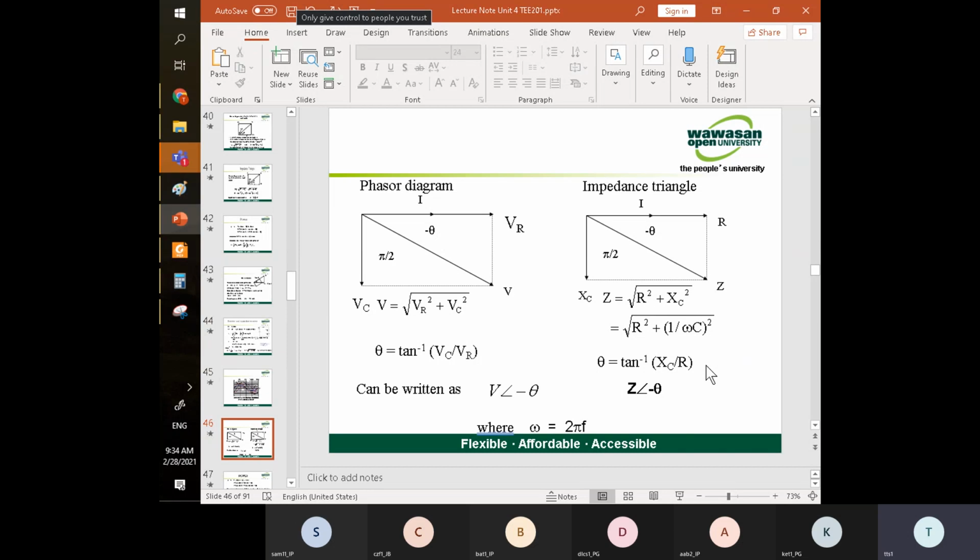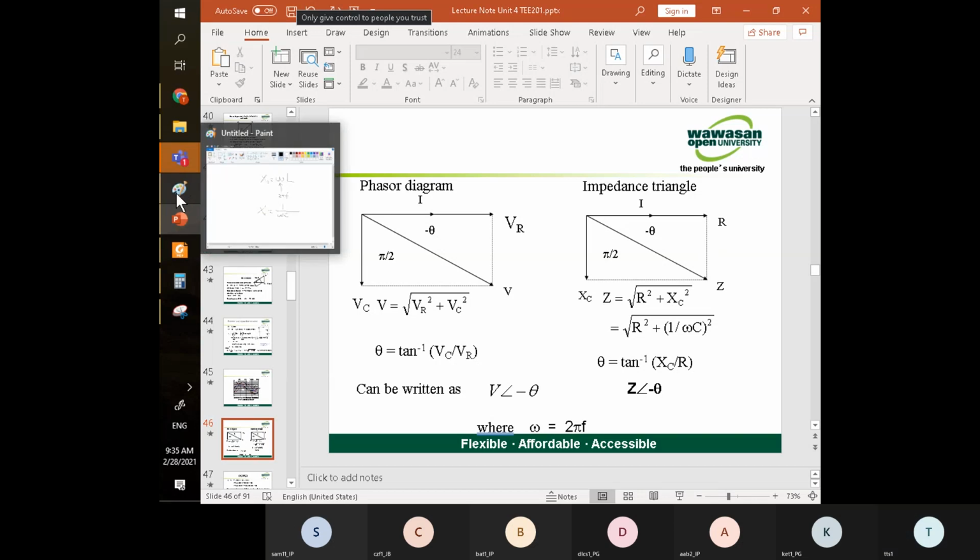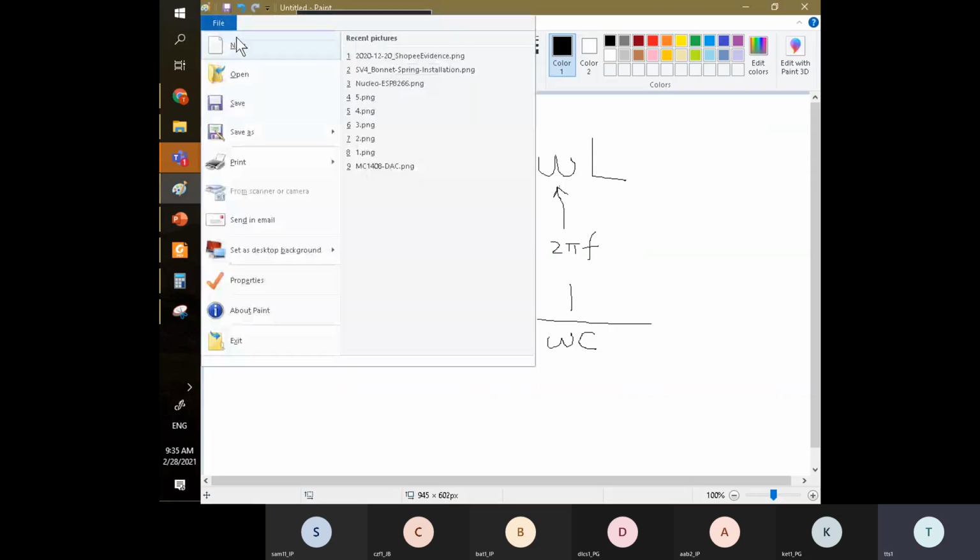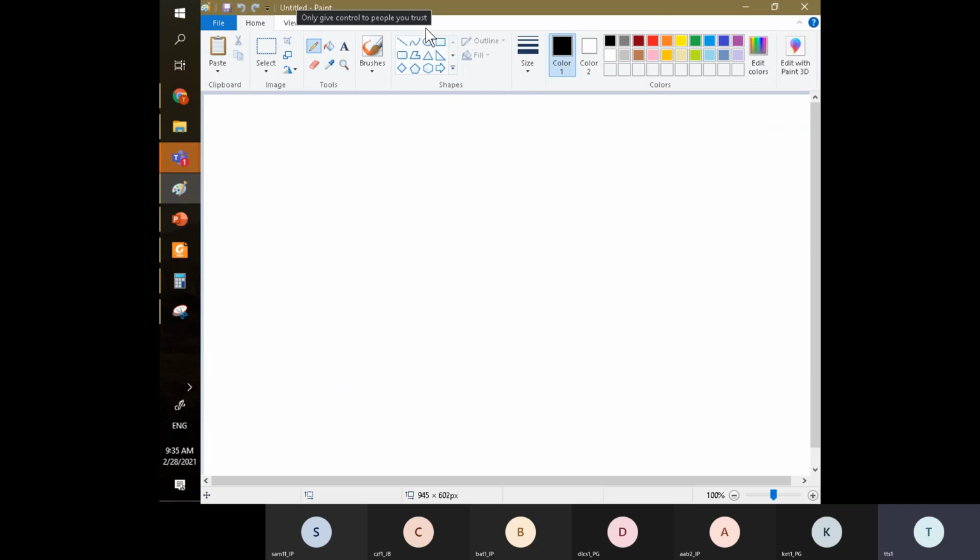Okay, now look at here. So this is a phasor. Something I want to show you is going to confuse some of the students, but I need to summarize something here. For the series circuit, you can take a look at this one. You don't need to memorize. R and C is in series, just like this one.